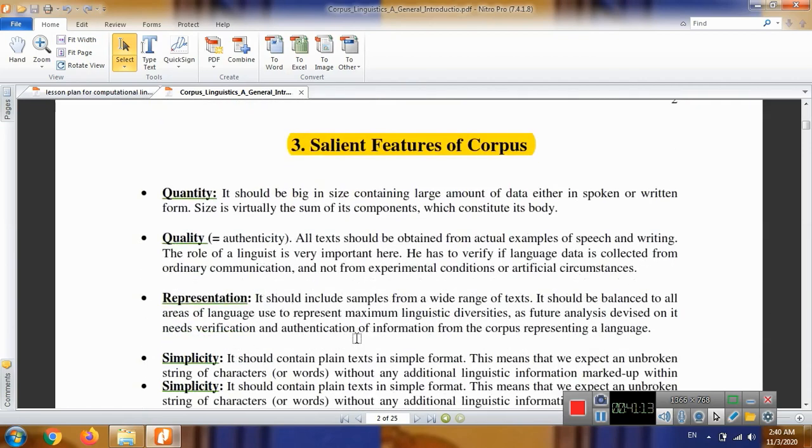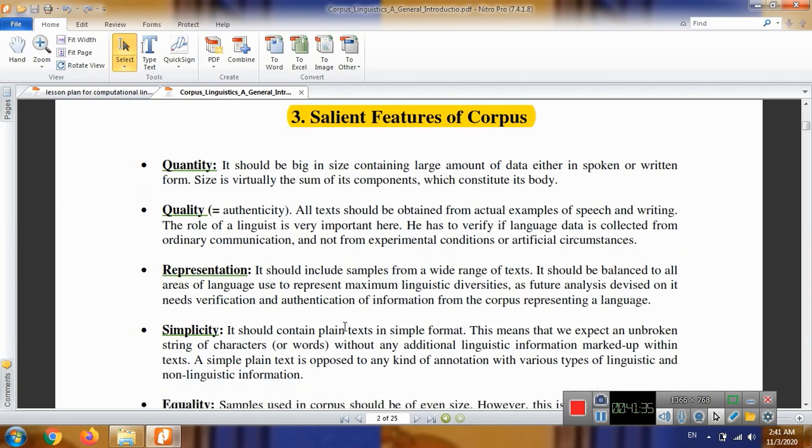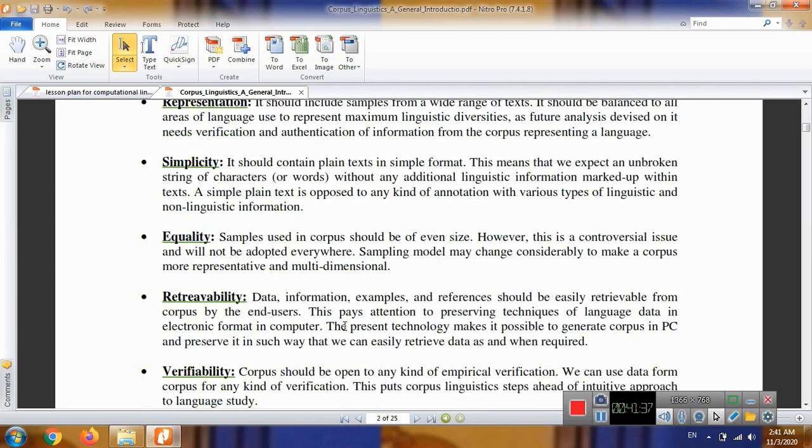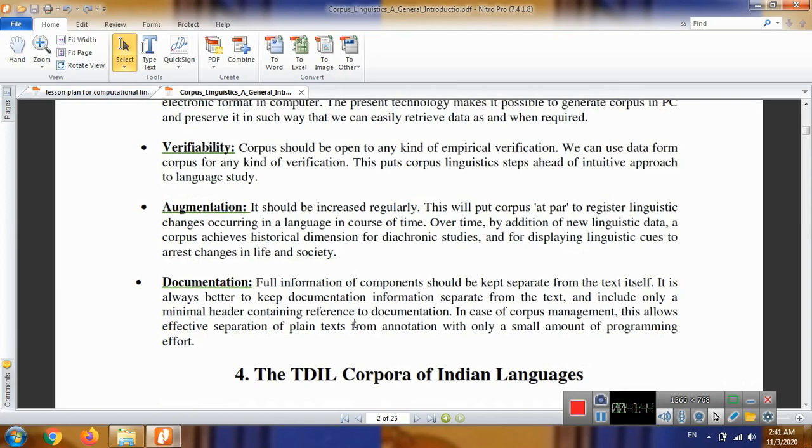Here we refer to the salient features of corpus, and you should know these features and their definitions in just one or two lines. The salient features of corpus are quantity, quality, representation, simplicity, equality, retrievability, verifiability, augmentation, and documentation.